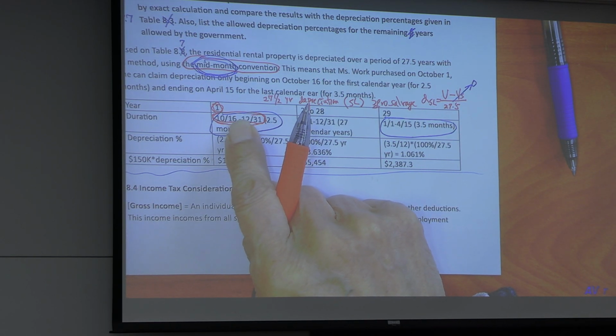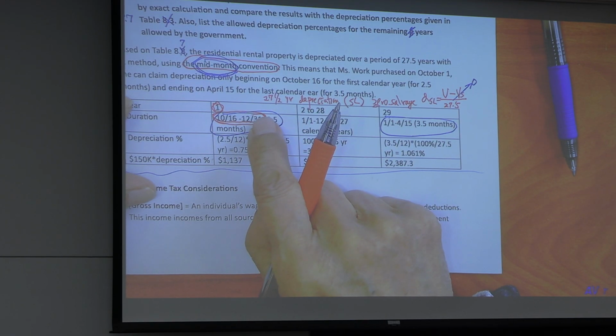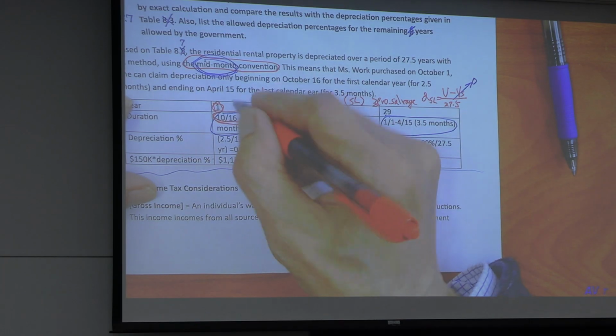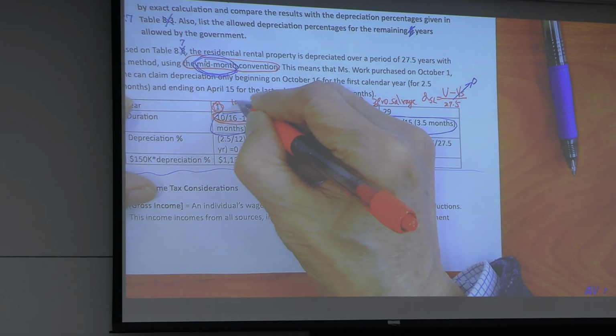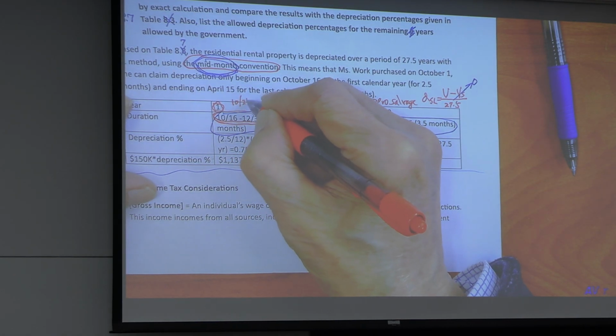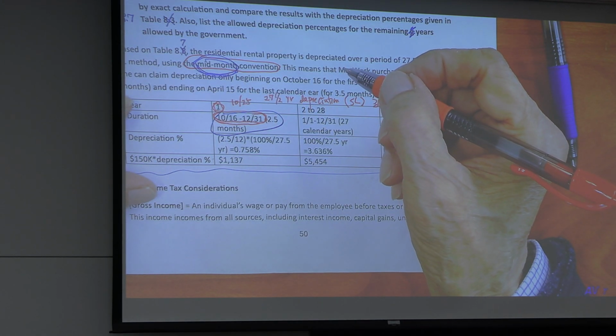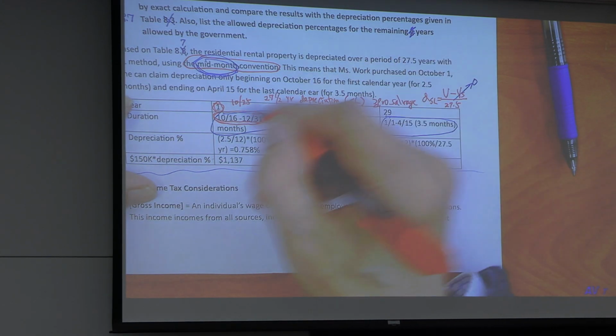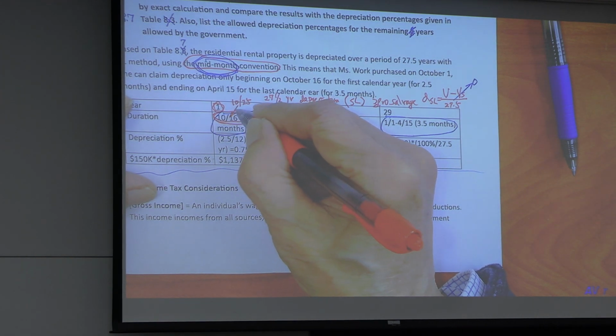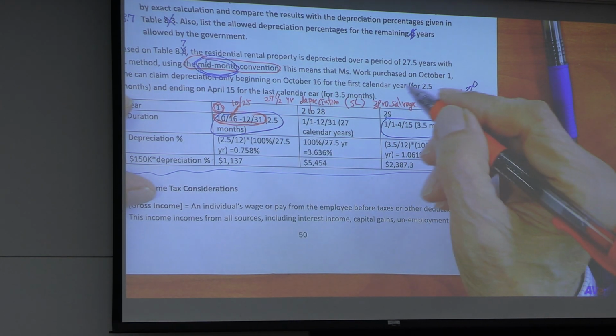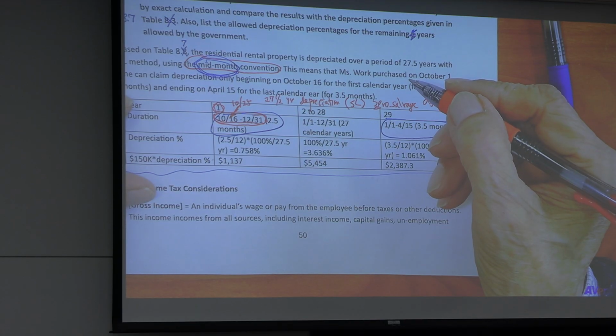Mid-month convention means you bought a property, say October 25th. You can backdate your depreciation to October 16th. Mid-month convention.